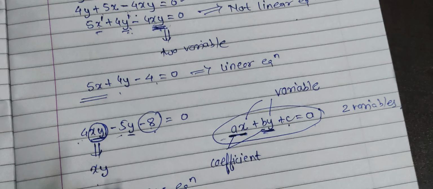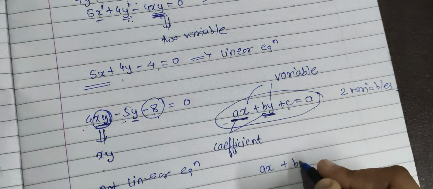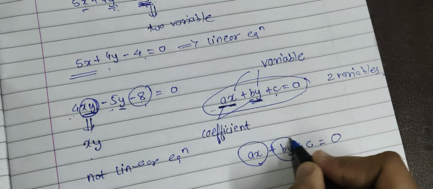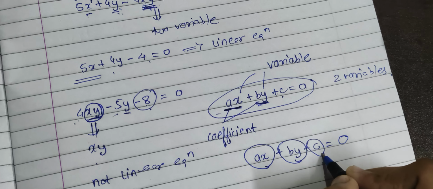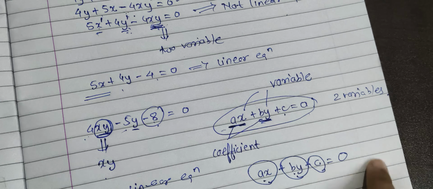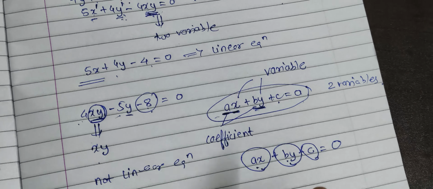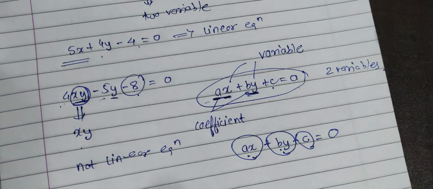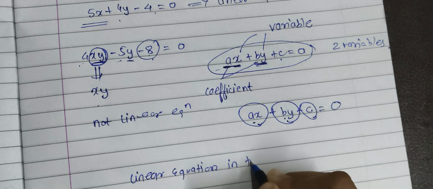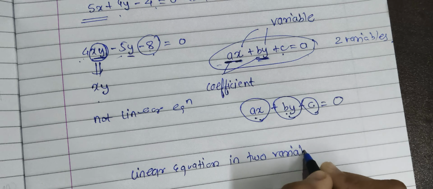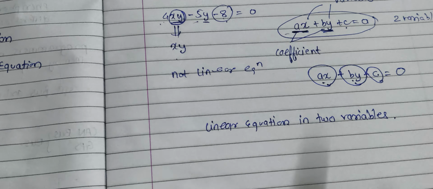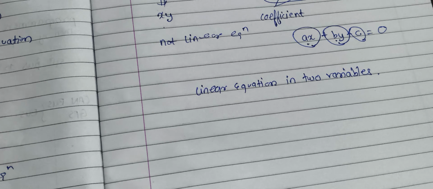So in this equation ax plus by plus c equal to 0, this is one term, this is one term, and this is the constant over here. So each term should have one variable and the equation has two variables. So this is called a linear equation in two variables.